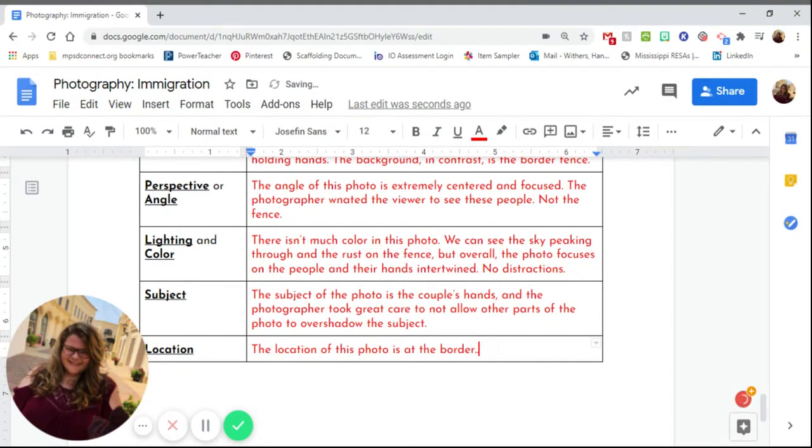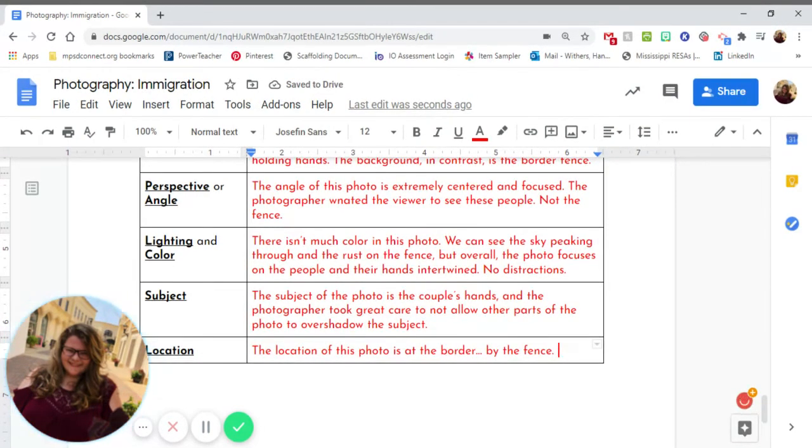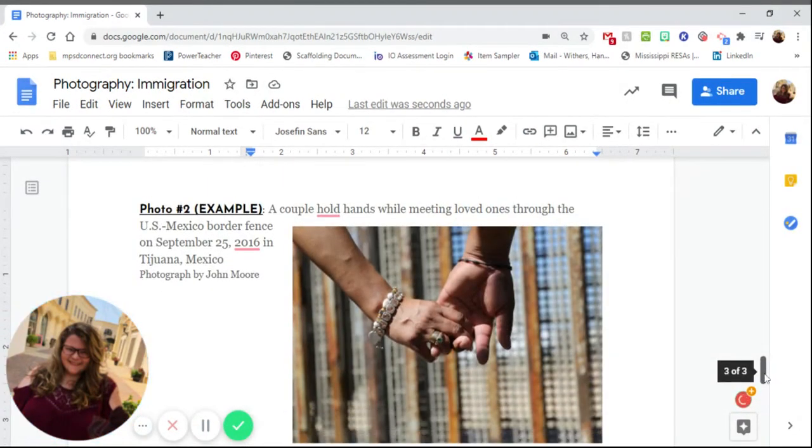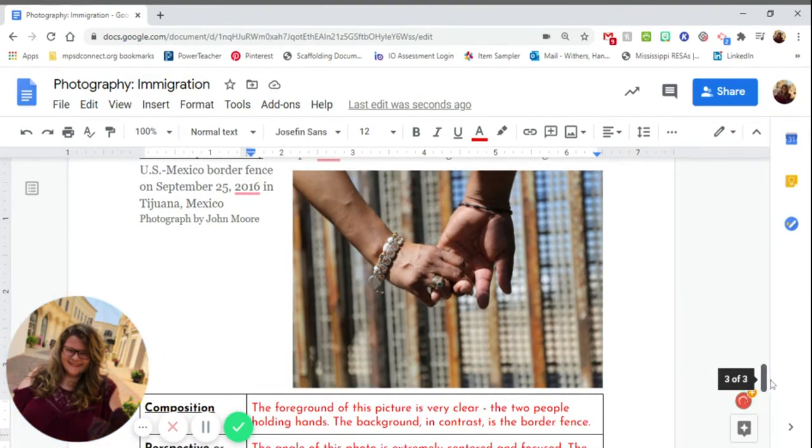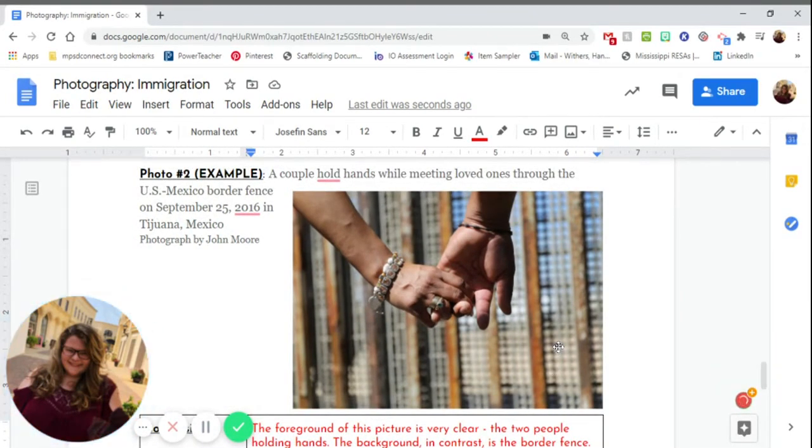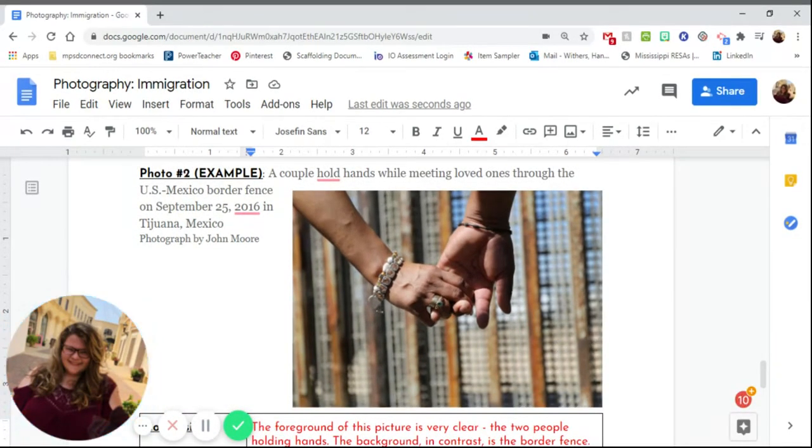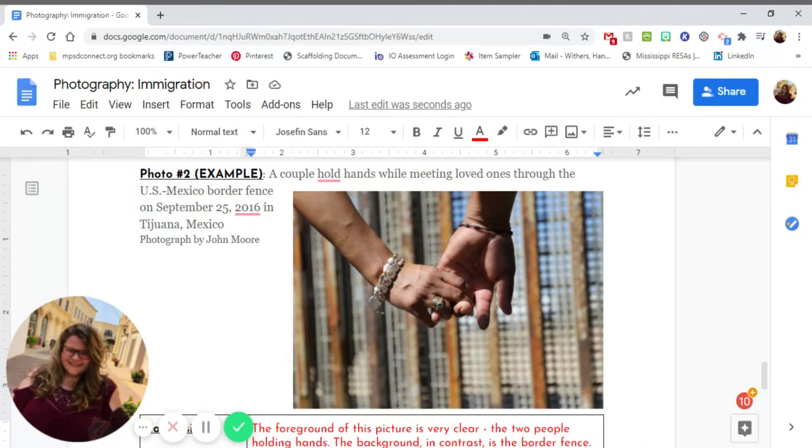Now, we don't know at this point whether these people are being separated, whether they're coming together, whether they're walking through that wall, that border together, or if we don't know. All we know is that these two hands are meeting by this fence, by the border wall.